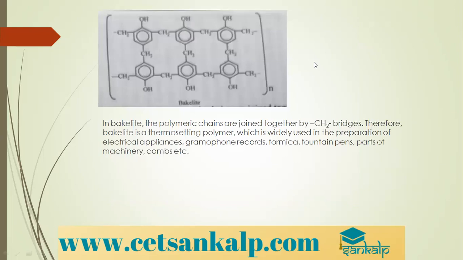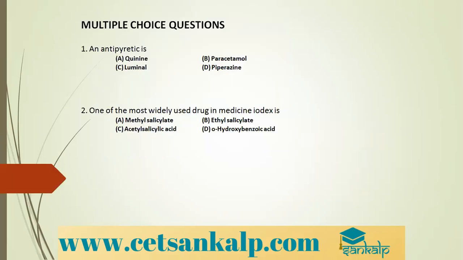In bakelite, the polymeric chains are joined together by CH2 bridges. Therefore, bakelite is a thermosetting polymer. That means when you heat bakelite, it will become hard. Yes, it will become hard on heating. It is widely used in the preparation of electrical appliances, gramophone records, formica, fountain pens, parts of machinery, combs, and so on.